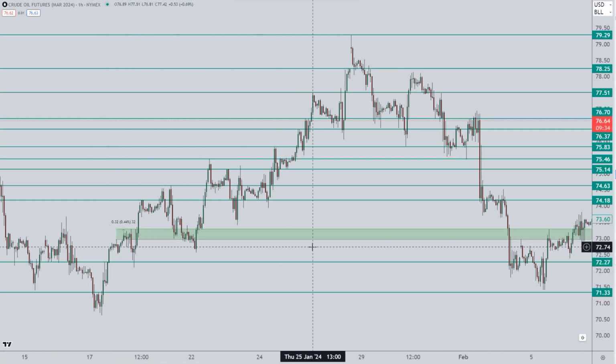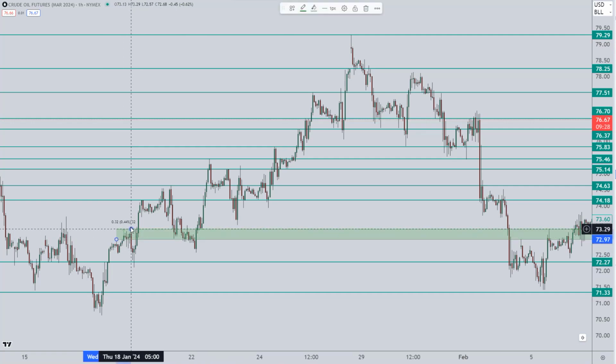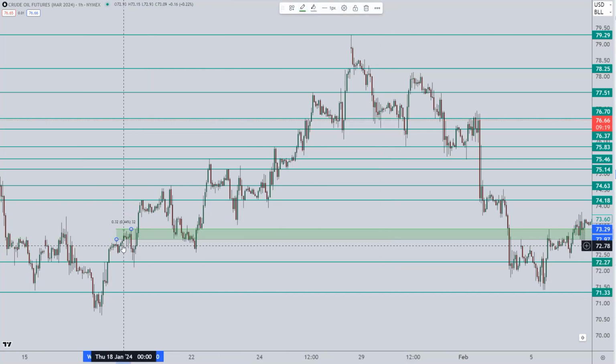So it's less intrusive, and this tool right here can be used in such a way that you can go to settings and have the extension that goes off to the left not be there. And as a result, we can see where this support or resistance zone comes from.